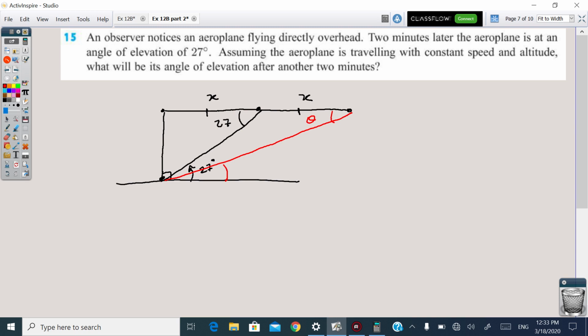So we also have a right angle here. So if we assume that the height is y, then from this small triangle we have y over x equals tan 27.